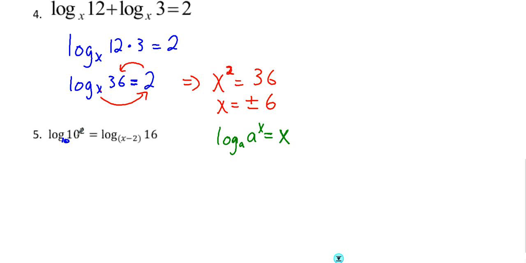So since the bases match, I'm left with 2 equals the log of x minus 2, 16. Well, again, I have a log with just a number on the other side, so I can change it to its exponential form. So it's this to this power equals that.